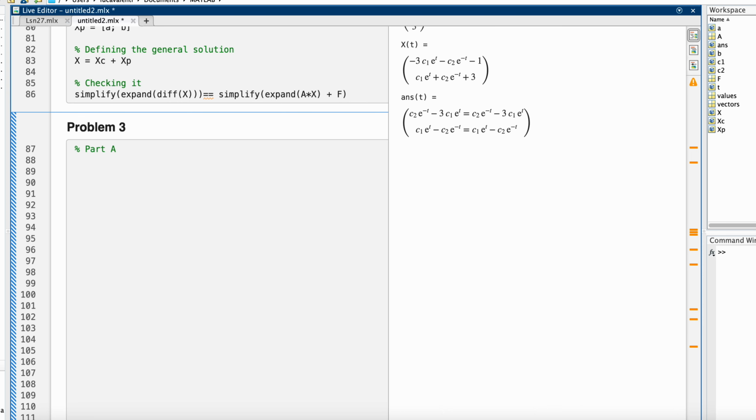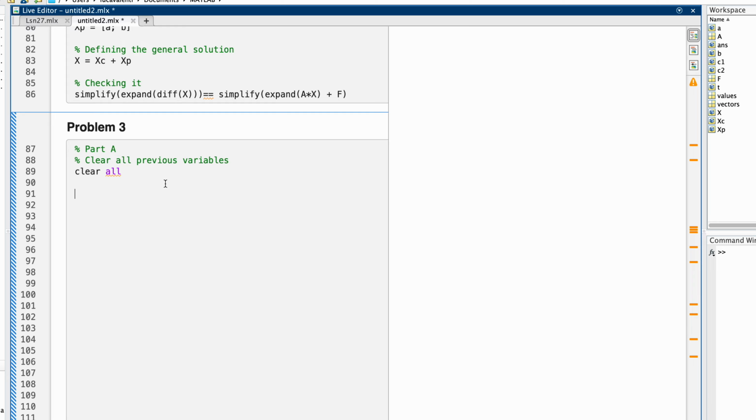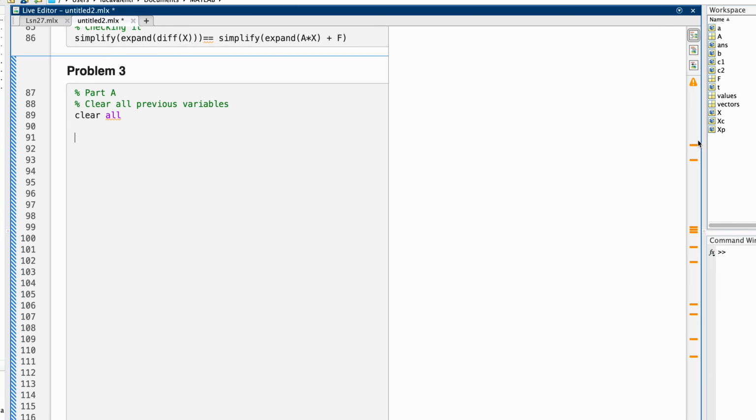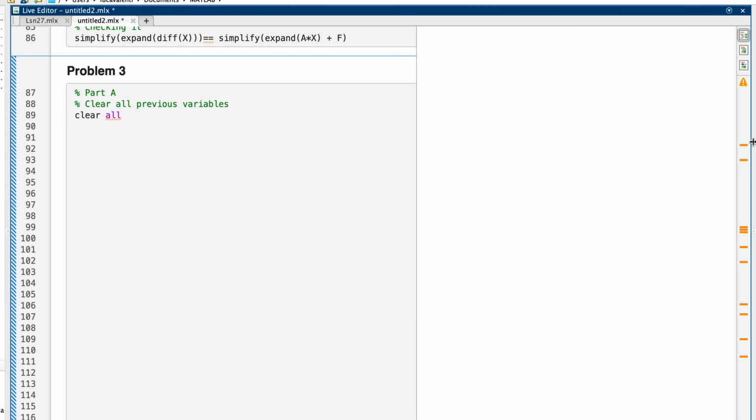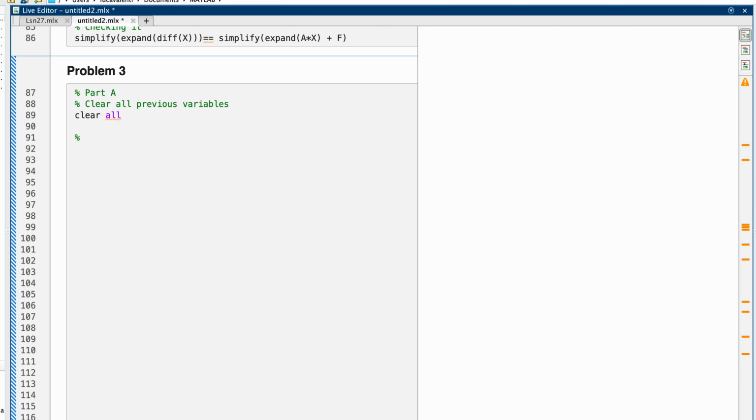First thing, we're going to clear all previous variables. So that's going to be the clear all command. I'm also going to clear the outputs there. Good. And now we're going to define the coefficient matrix.